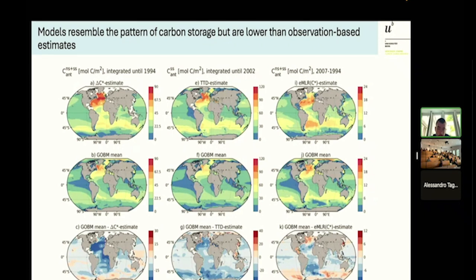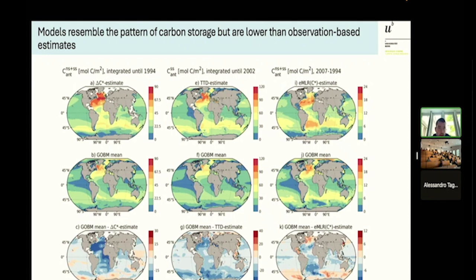So what we see is that if it's blue, it means models store less carbon than is estimated by observations. And it's a kind of reoccurring scheme, whatever timescale or whatever observation-based estimate we look at. So we see that models in general underestimate the carbon storage and the carbon uptake.